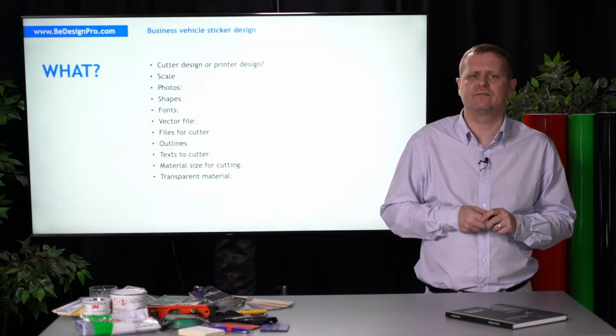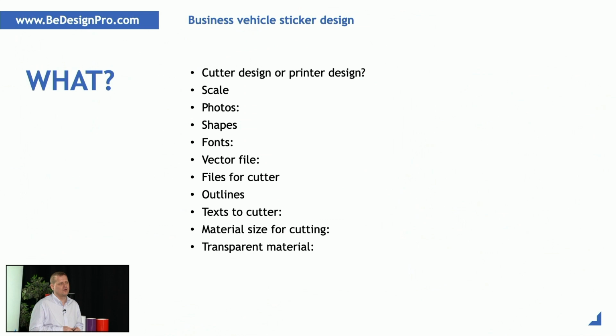So what we have in this section, we see what the differences are between cutter design and printer design. We watch how to scale, what scale is, what to do with photos, shapes, fonts, a little bit of vector file background, and also how to create files that the cutter understands.